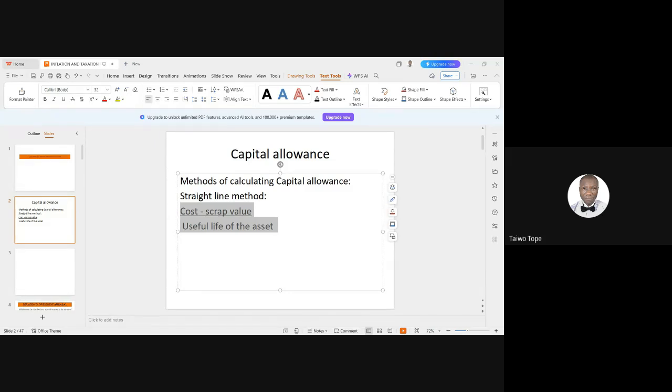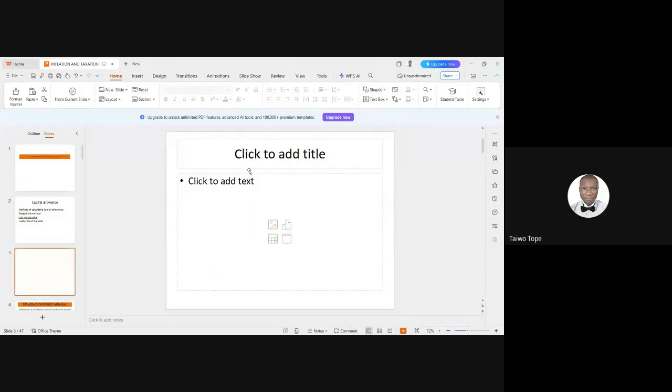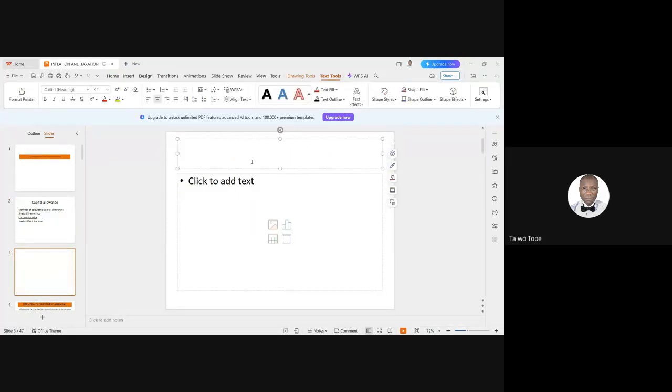When we dispose of an asset and the disposal value is greater than the scrap value, we have what we call the balancing allowance. Let's put down all this. These are very key terminologies that we must know. We are still going to solve an example on the straight line method. I'm coming back there. Let's just note this.